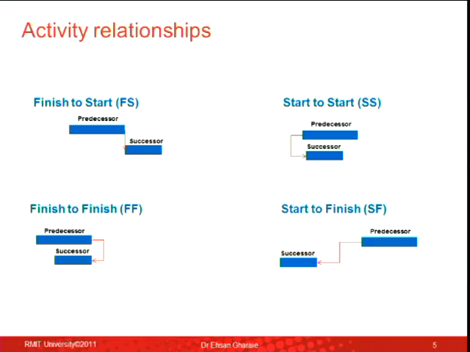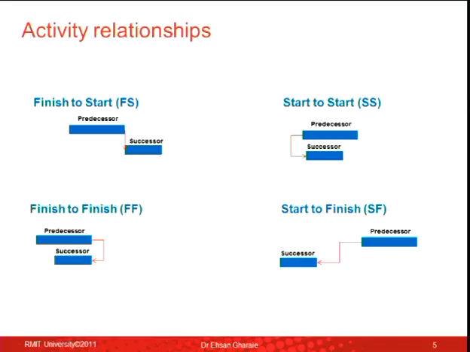So just as a quick reminder, these are the activity relationships that we talked about in the bar chart session. We've got finish to start, and we looked at finish to start last week. Start to start, finish to finish, start to finish.